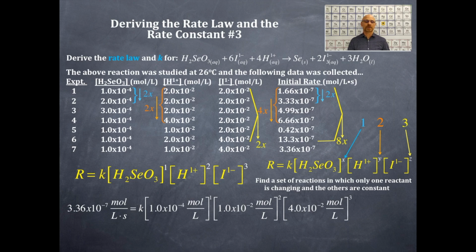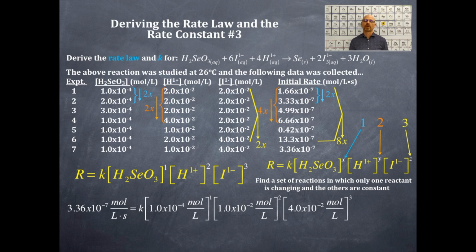I've plugged in the rate, 3.36 times 10 to the negative 7 moles per liter second is equal to K, the initial concentration at experiment number 7 for the H2SeO3, 1.0 times 10 to the negative 4 moles per liter to the power of 1. For the hydrogen ion concentration at experiment number 7 is 1.0 times 10 to the negative 2 moles per liter, quantity squared, and the iodide ion concentration at 4.0 times 10 to the negative 2 moles per liter, quantity cubed.